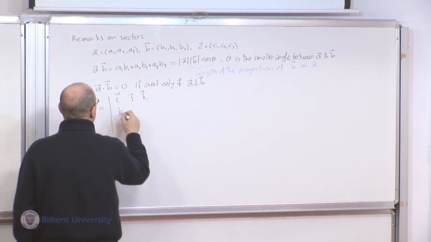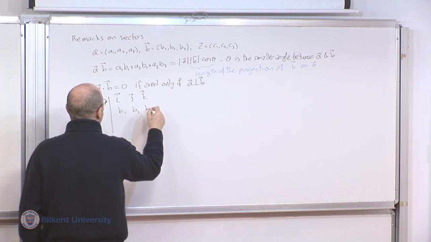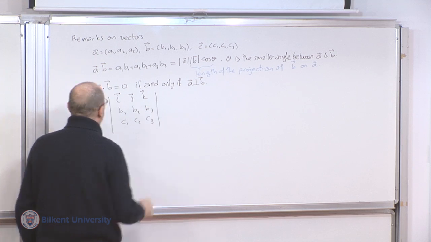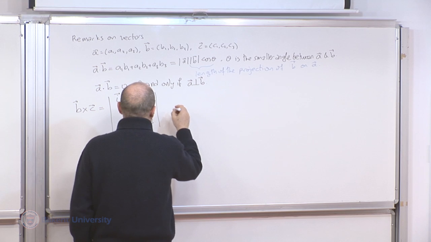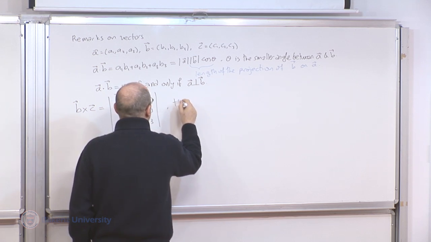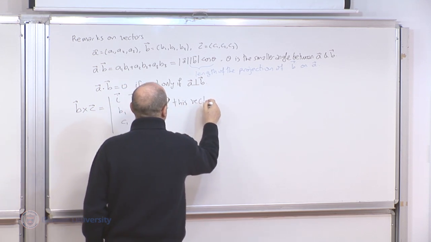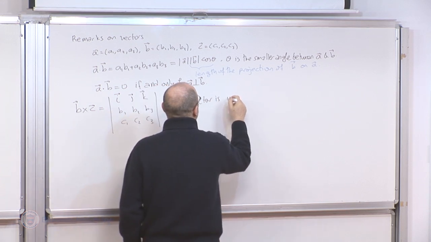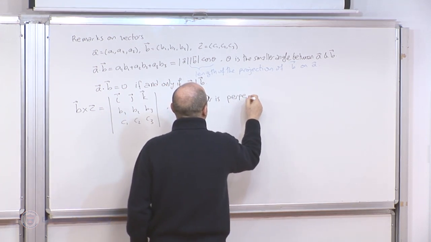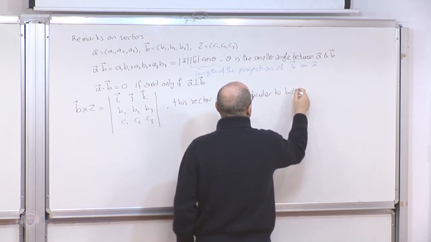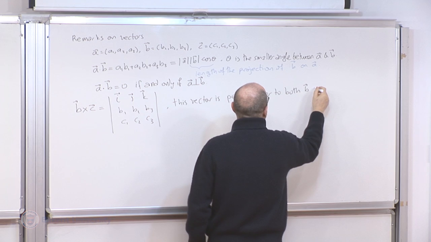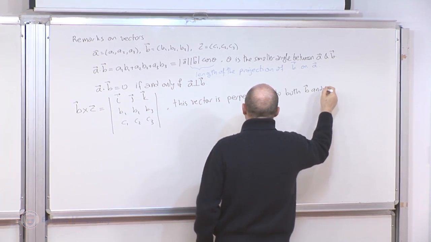Then this is the determinant with rows I, J, K, B1, B2, B3, C1, C2, C3. And this is a vector. This vector is perpendicular, let me use the common word, perpendicular to both B and C.